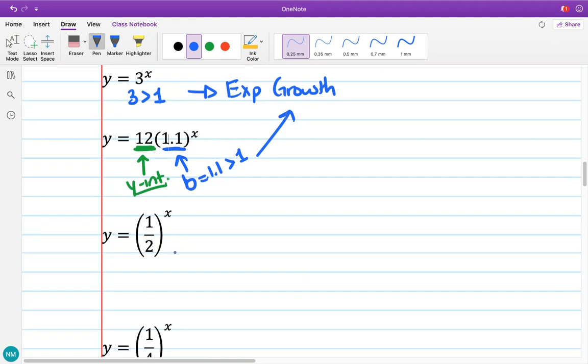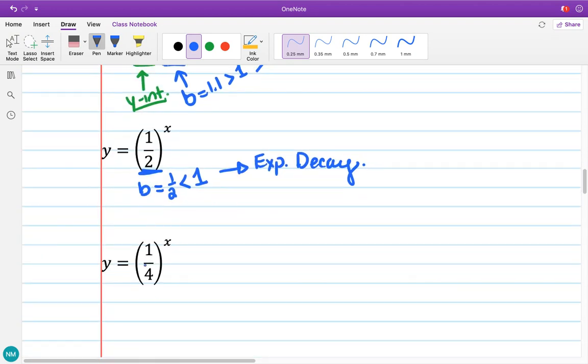Okay, what about this one? Now here, b is equal to 1/2. Is that greater than or less than 1? 1/2 is less than 1, so therefore it is exponential decay. And then this one also, 1/4 is less than 1.